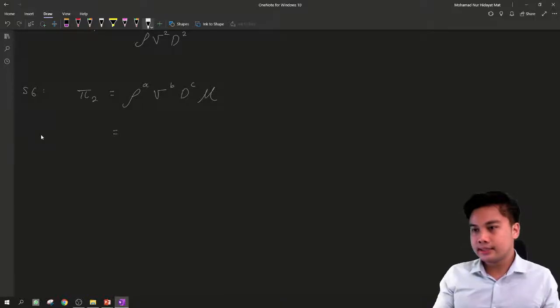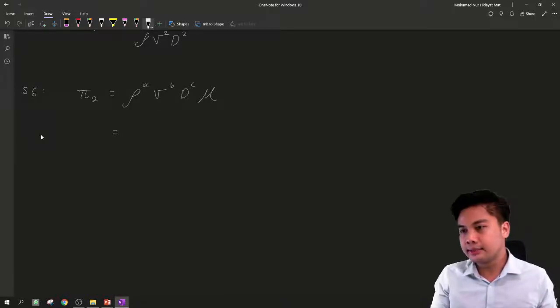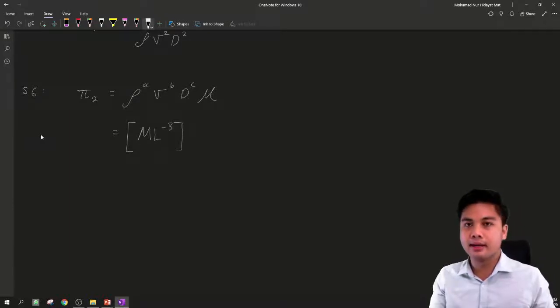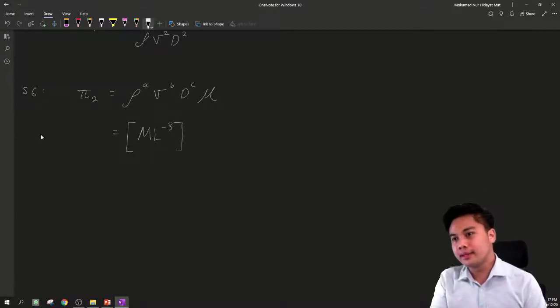Rho here is, from Table 6.1, we know that rho is M L^-3. This is a different form from before, because previously I wrote M over L cubed, but this time we put L in the denominator.